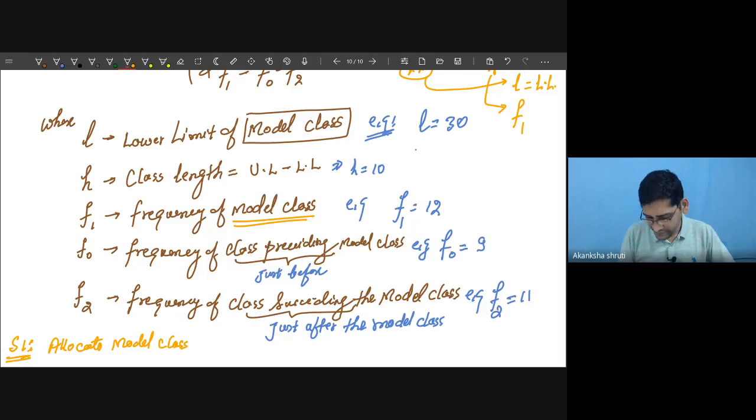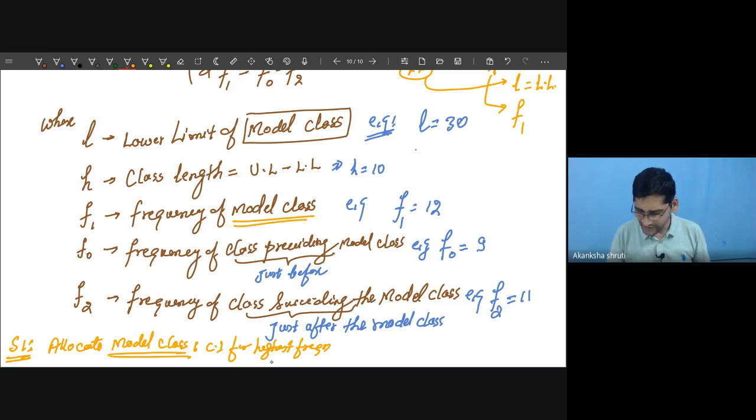How? Allocating the modal class, you have to first observe the frequency table, the highest frequency, and the class interval for the highest frequency. From this modal class itself, you will get many things.